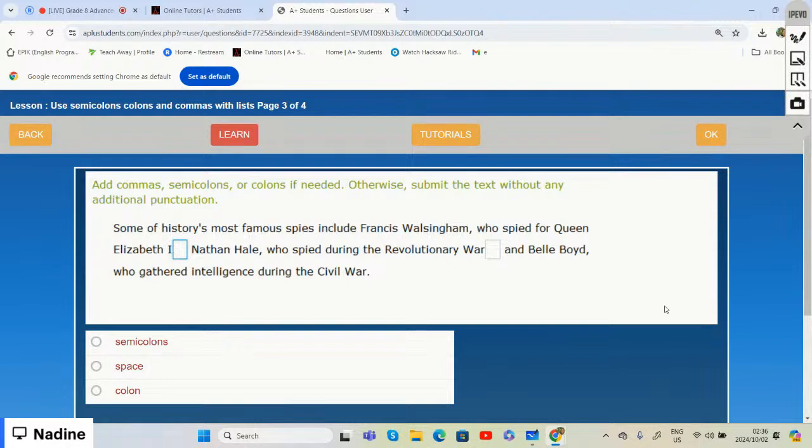We need to either use semicolons, a space, or a colon to separate those series. Are we using a semicolon? Are we using a colon? Or are we just using a space? Which one are we using?